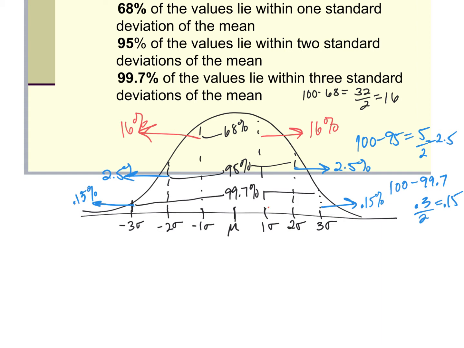Right? So these percentages can be used to answer the questions on number 25 and 26 when it's saying, in what interval would you expect the middle 95% to be?